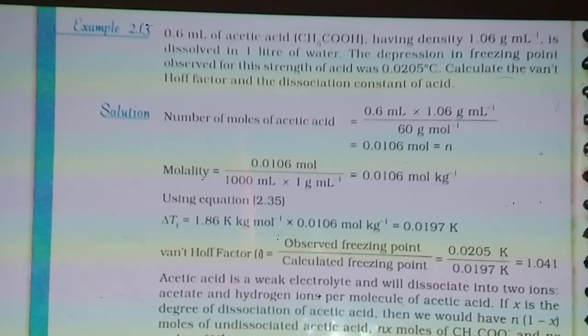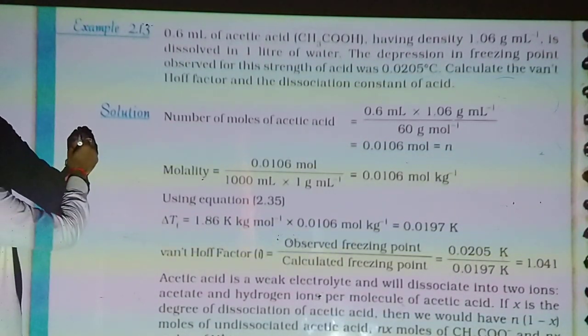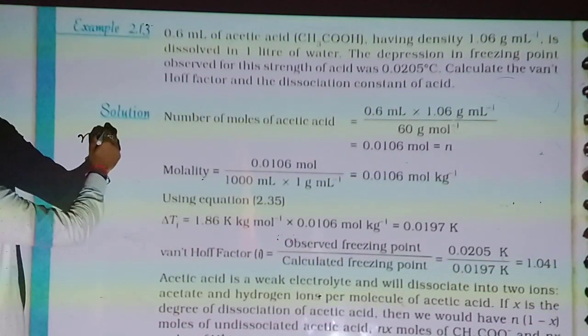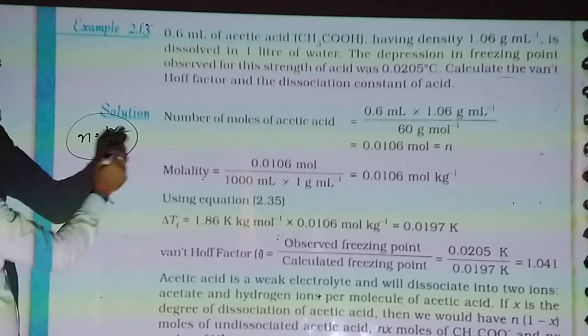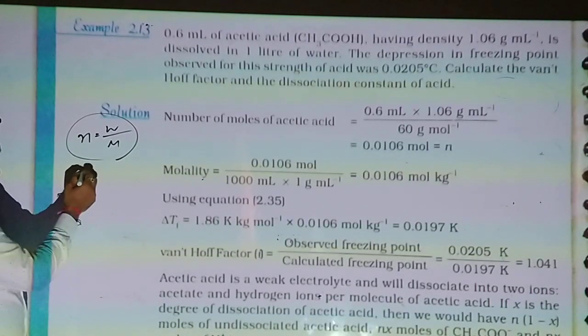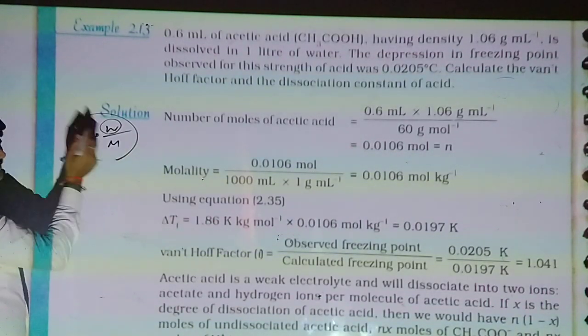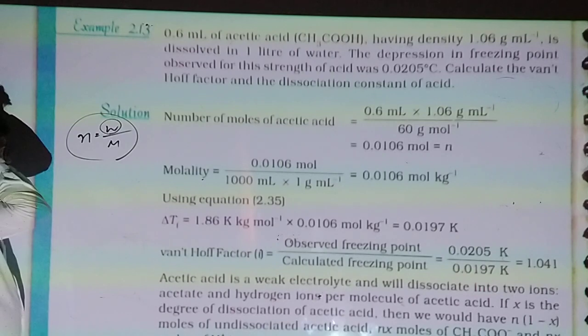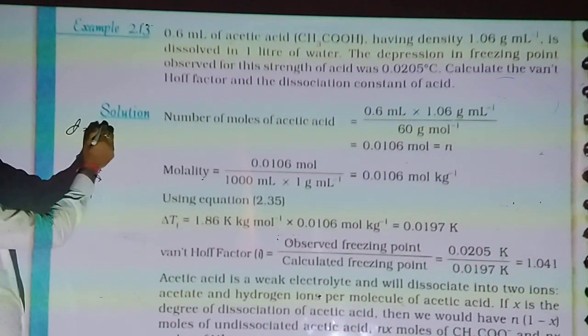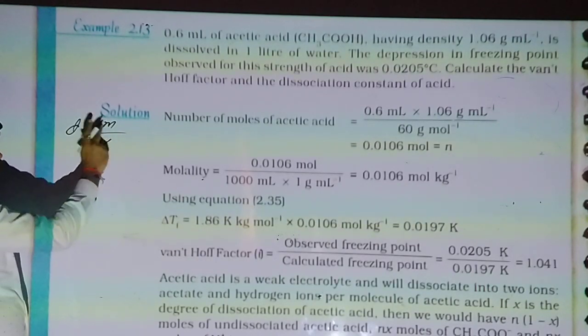How can we define it? Mole is equal to mass upon molecular mass. Actually, density is equal to mass upon volume.